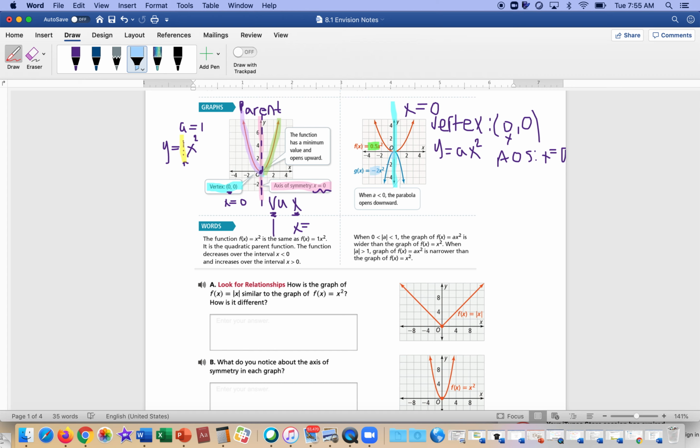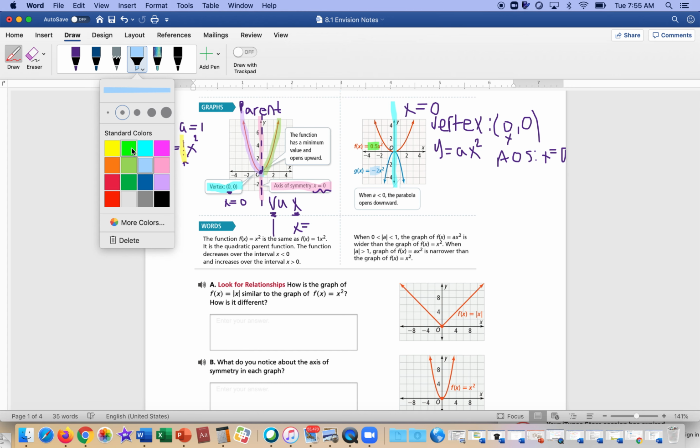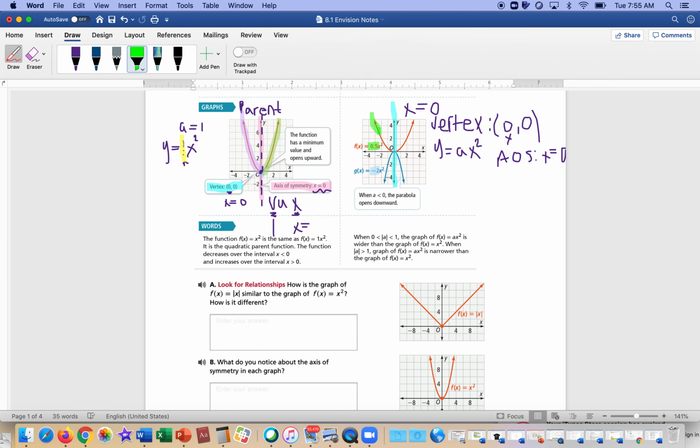And for the top one, for the red, we notice two things. We notice that for the red graph, it is pointing upward. And if we look at the a value, how does the upward versus downwards compare based on the a value? Well, for the top one, that red function that we see, the a value is positive.